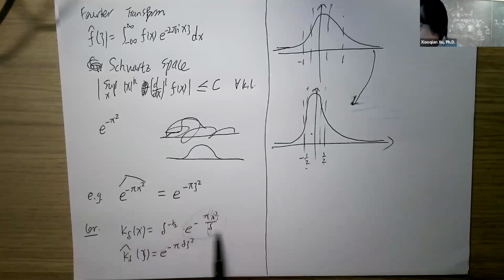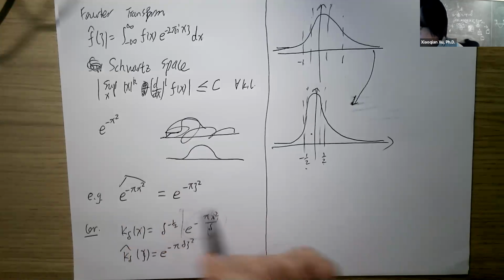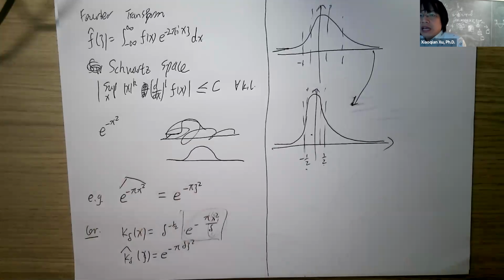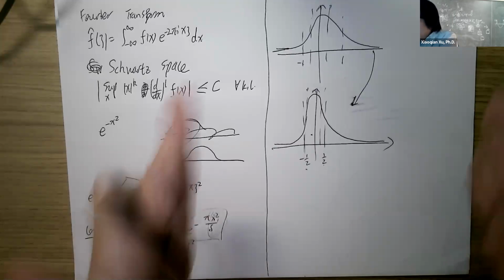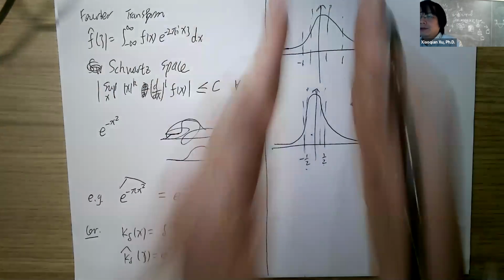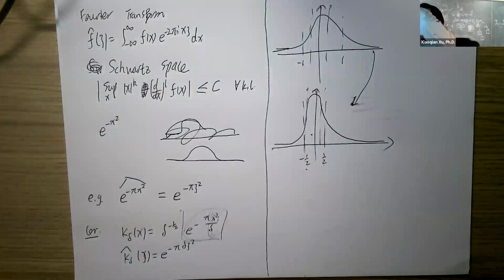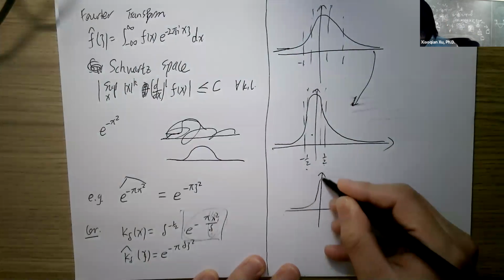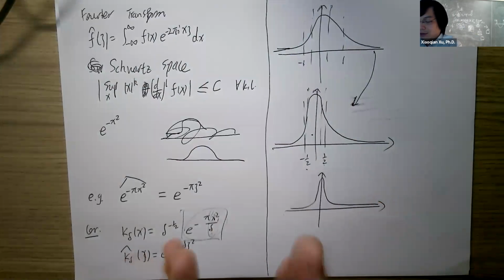So this is the meaning of this delta on this function, which is if you take delta to be smaller and smaller, you try to squeeze your Gaussian a lot, okay? So you try to make your Gaussian to concentrate on this y-axis more and more, if you take delta to be smaller and smaller.